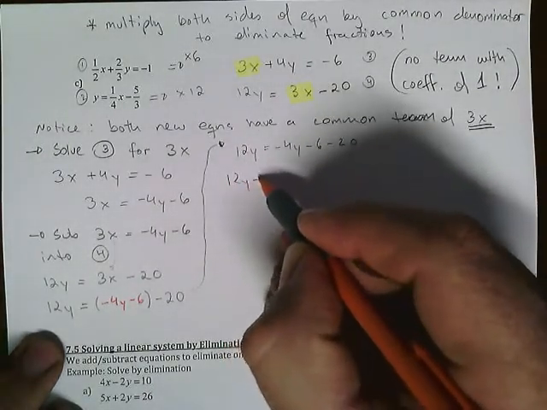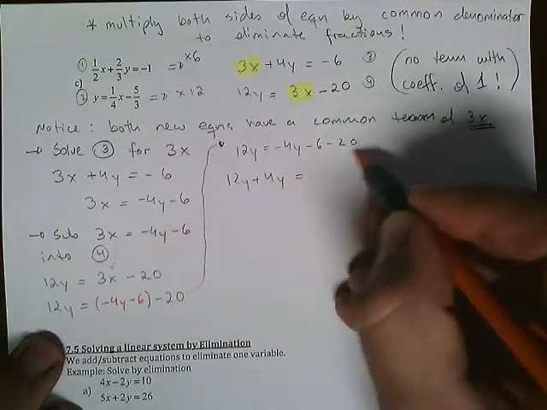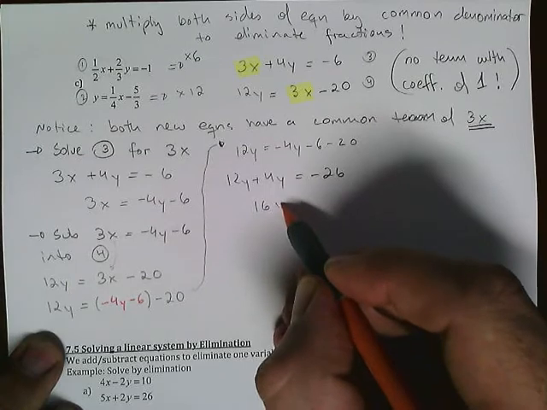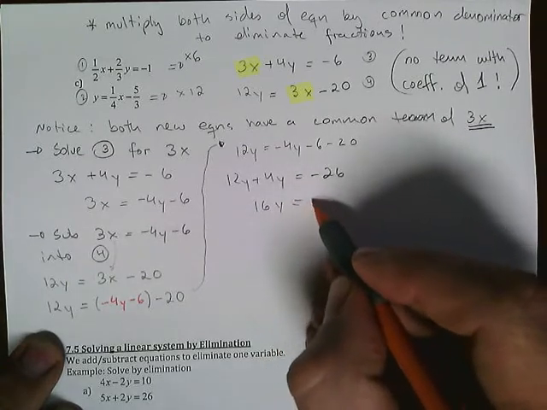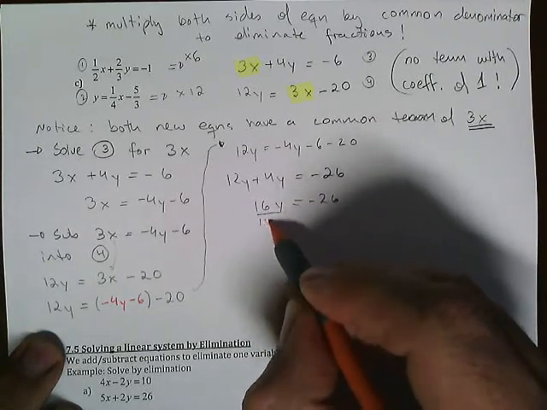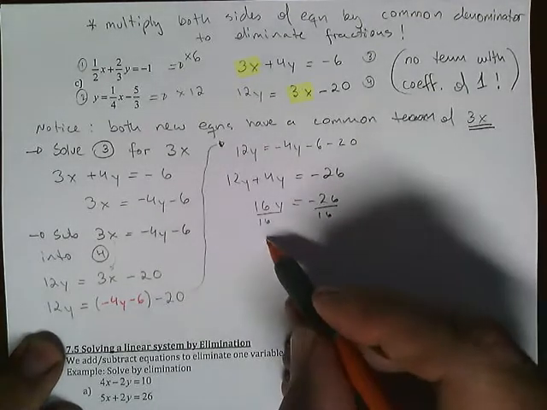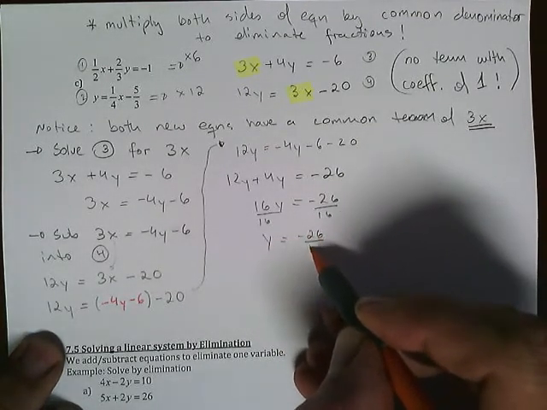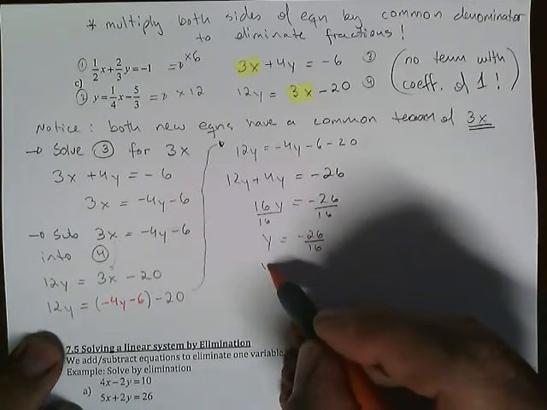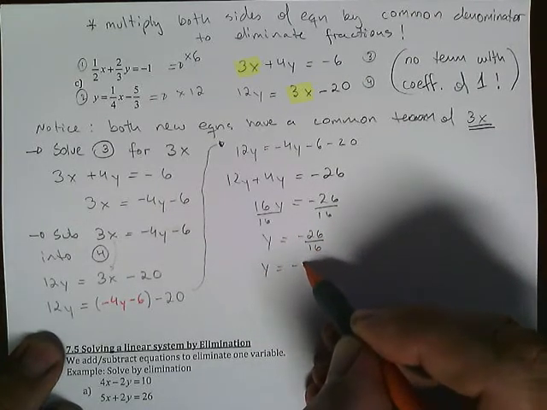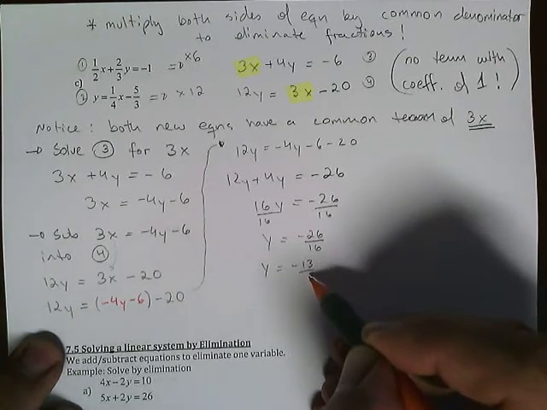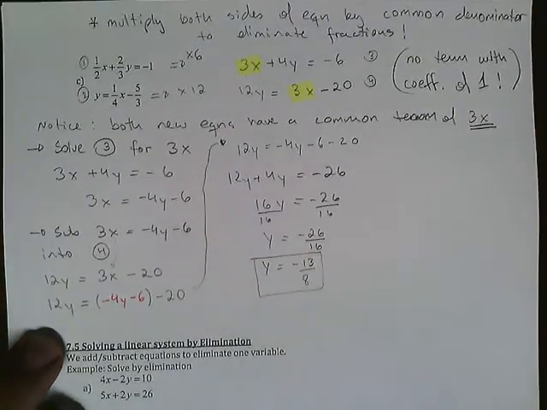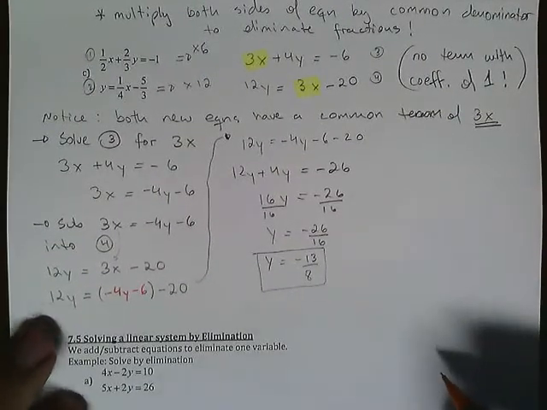So 12y plus 4y is equal to negative 26. And this is 16y is equal to negative 26. We're going to divide both sides by 16. Y is equal to negative 26 over 16. I can divide them both by 2, so that's negative 13 over 8. Yeah, it's messy, but that's okay. Just simplify your fraction, right?